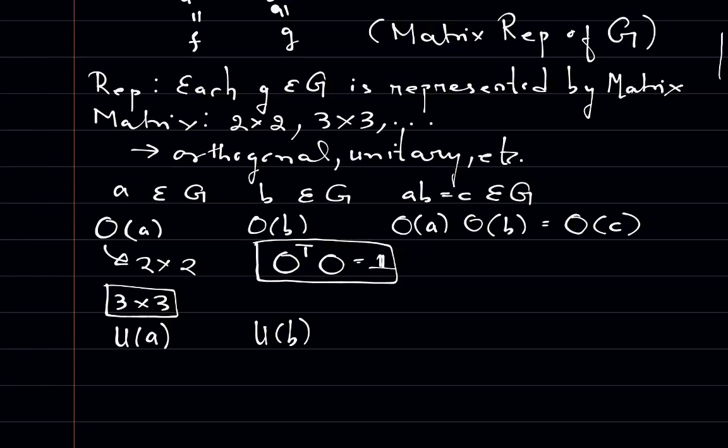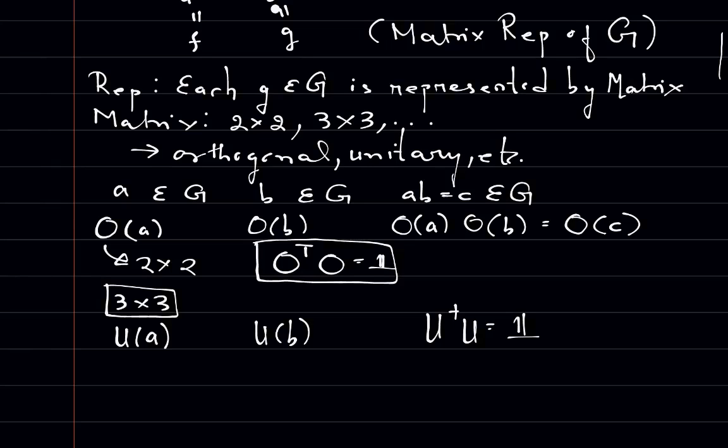Because this is a 3 cross 3 matrix that is different from the previous matrix, and all the matrices that represent the group elements satisfy a special property: take any matrix U, take the dagger, multiply with U itself, and you get identity. We know what dagger is, right?